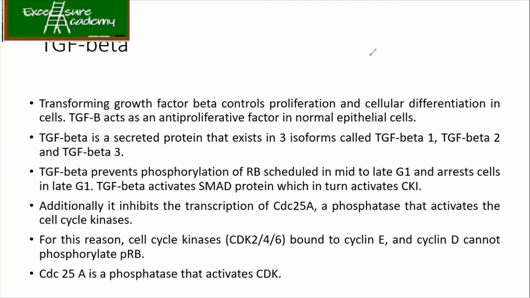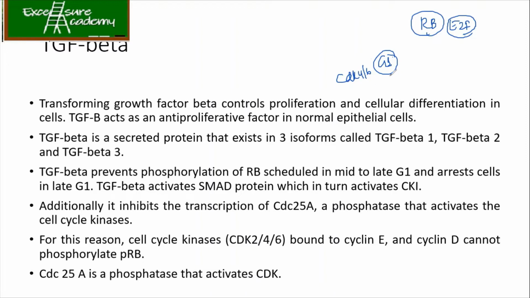So do you remember that RB is your tumor suppressor gene? This much do you remember? Yes, ma'am. Yeah. And RB, okay, so retinoblastoma is a tumor suppressor gene. So this is bound to E2F. This is your transcription factor, right? So what used to happen? When in G1 phase, this is there, and your CDK4, 6 bound to cyclin D is getting activated.